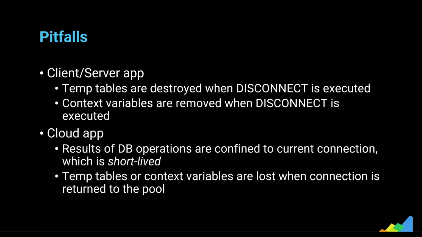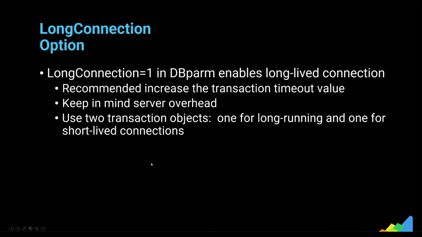So with this in mind, to eliminate this difference, which depends not on PowerServer but on the underlying three-tier architecture and stateless communication, from PowerServer 2022, you can set the long connection database parameter so that the installable cloud app can support the long-running connection and persistently use the same database connection for a particular client.